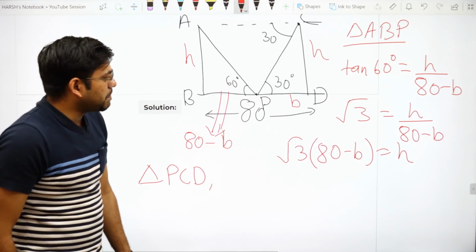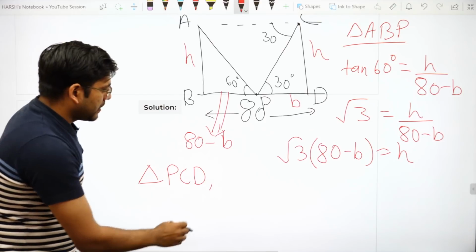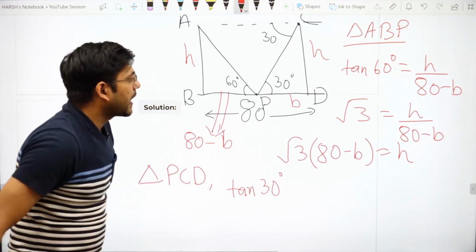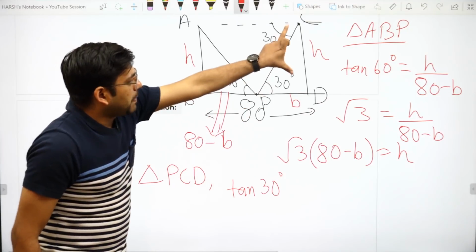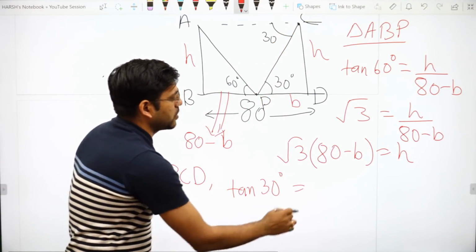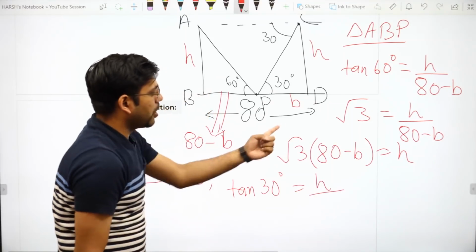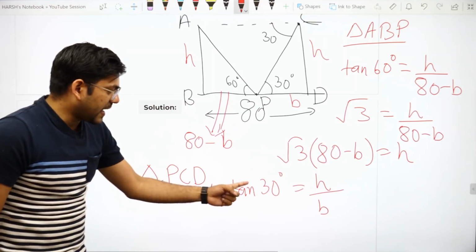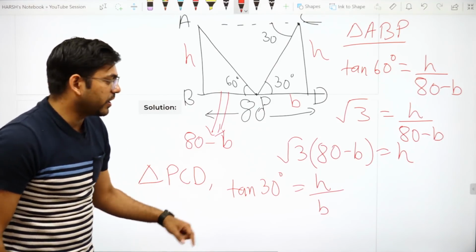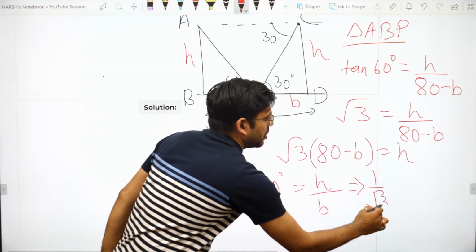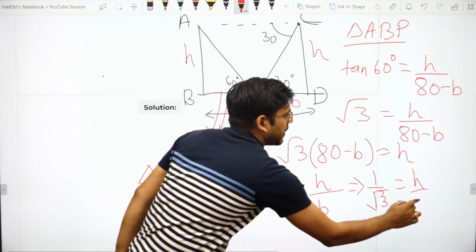If this is triangle PCD, I will apply tan of 30 degree, perpendicular upon base. So tan of 30 degree is equal to perpendicular H upon base B, isn't it? Now you all must be knowing the value of tan 30 degree. This is 1 by root 3 is equal to height by base.